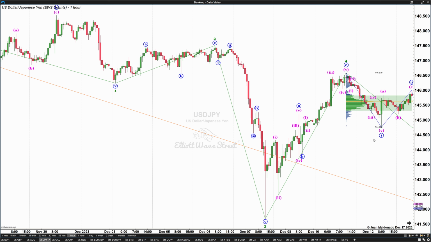However, my problem with this trade was that I wanted to sell here at the 145.60, 70 area, and I wanted to leave a protective stop loss above this high. My problem with this setup is that the stop loss was nearly 100 points, which is huge. I usually trade with 30, 40 points at the most.